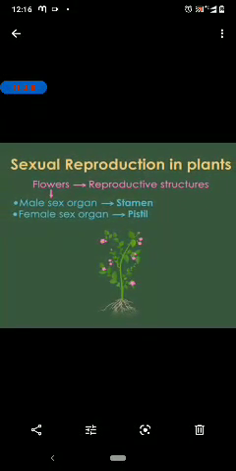So in this topic we have learned about sexual reproduction in plants, and the reproductive structure of the flower is like this. They contain the male and female organs. The male organ is nothing but the stamen, and the female sex organ is called the pistil.